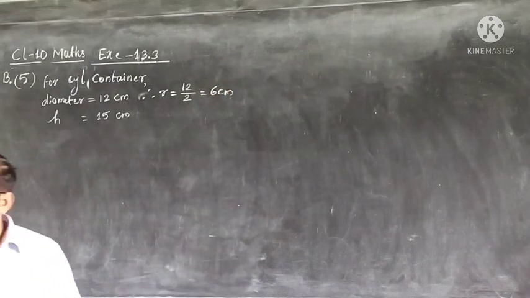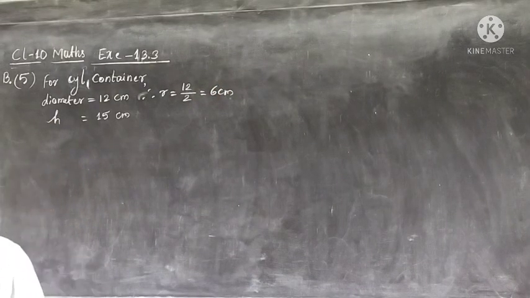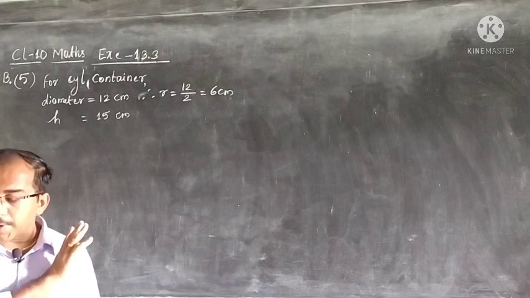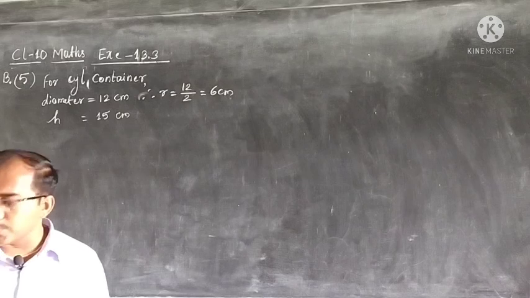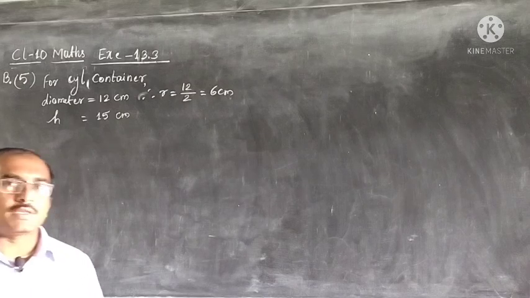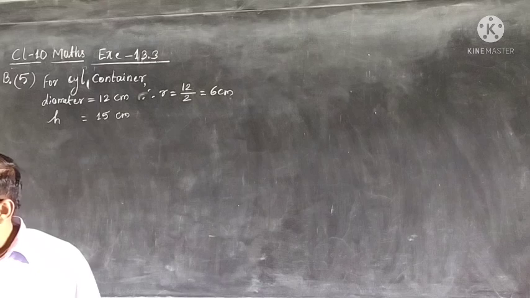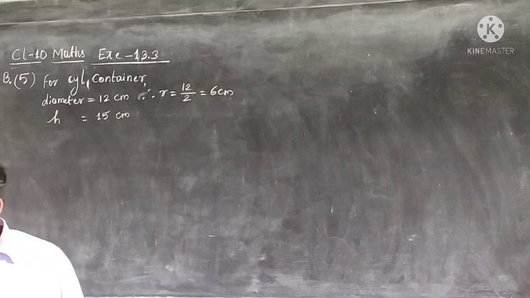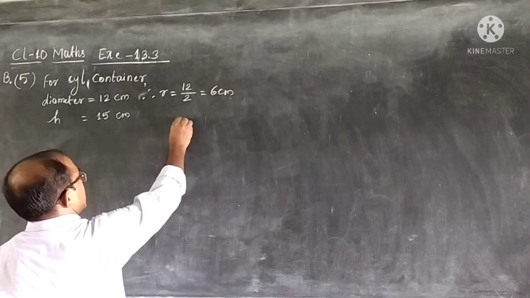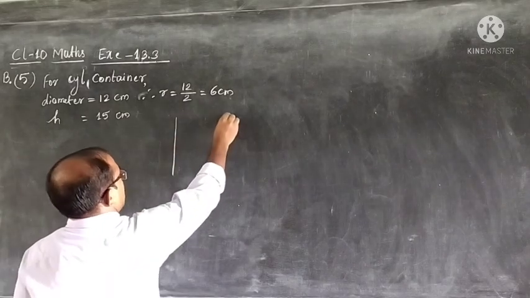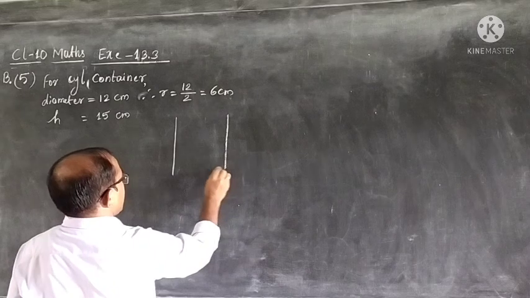So, next part of question, what does it say? This container is full of ice cream, then the ice cream is to be filled into cones of height 12 centimeter and diameter 6 centimeter, having a hemispherical shape on the top. So, we have this cylindrical container, it is full of ice cream.